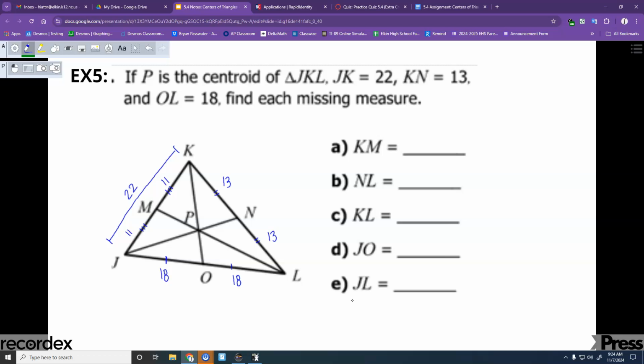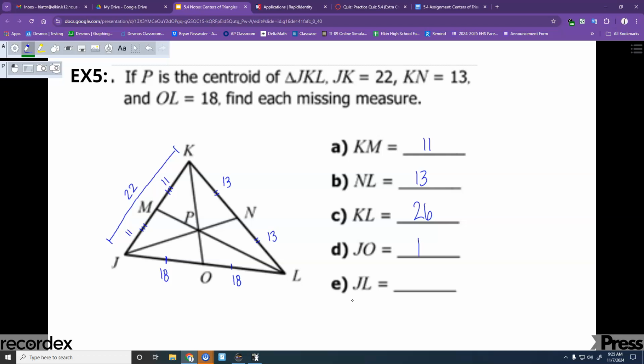Okay? So most of these we're going to already have or be able to find very easily. KM is 11. NL, already done it, 13. What's KL? It is 26. We just have to do 13 plus 13 there.